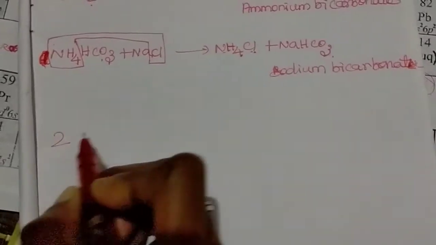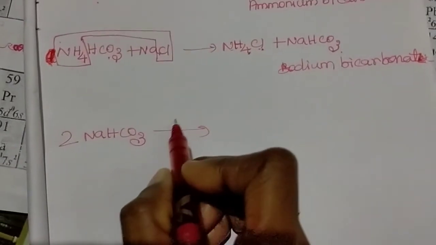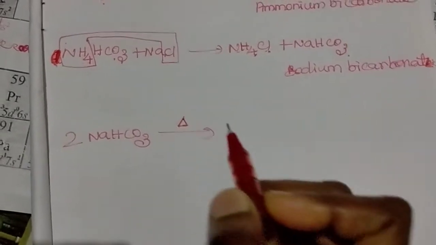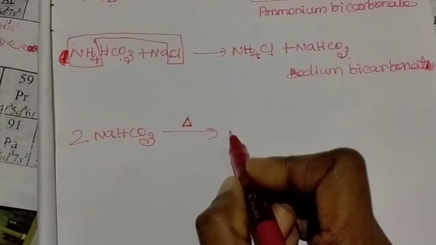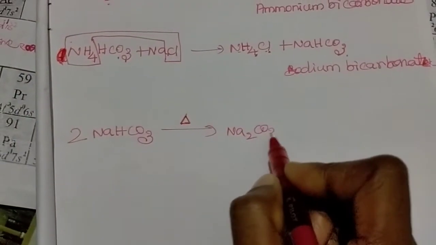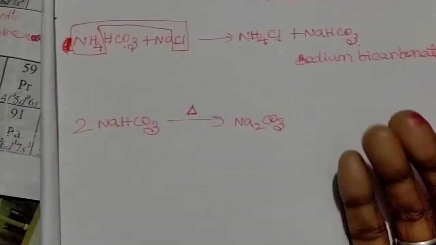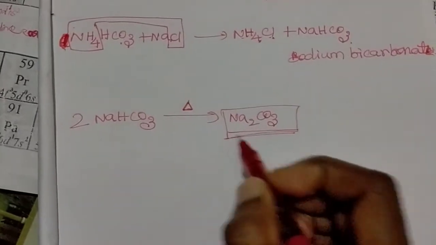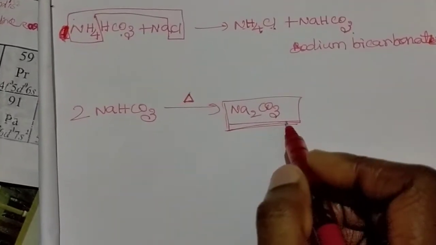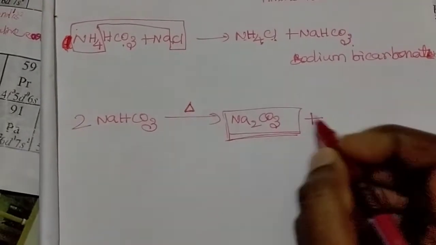So 2NaHCO3 on heating is decomposed to produce Na2CO3. What is Na2CO3? It is sodium carbonate. Sodium carbonate is what we need, so we are preparing this sodium carbonate. We got sodium carbonate from this reaction.